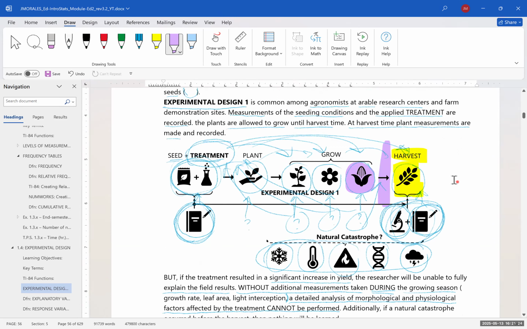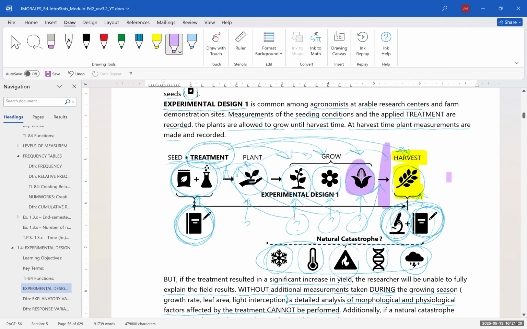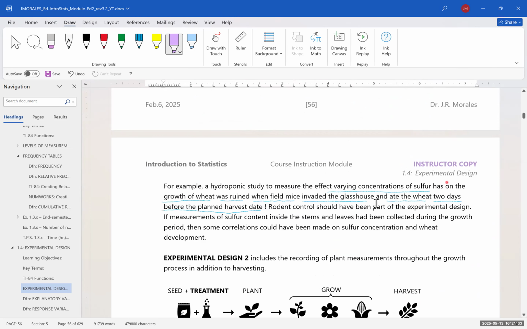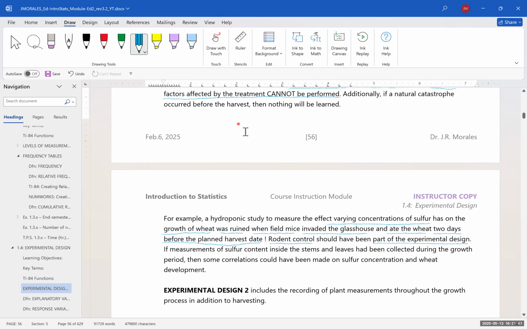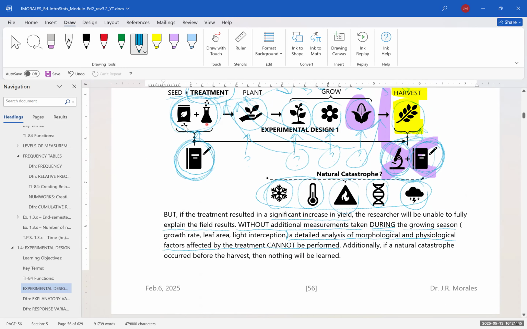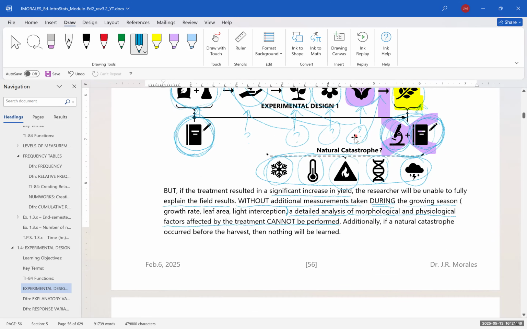Because the mice ate all the crops, you couldn't learn anything about the end of the experiment. So rodent control should have been part of the experimental design. Some planning should have gone in at the very beginning to prevent that from happening.